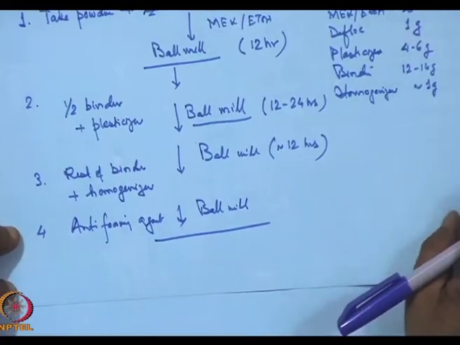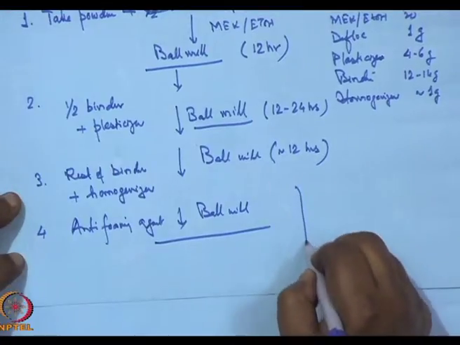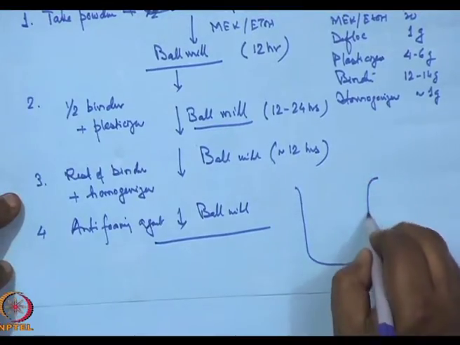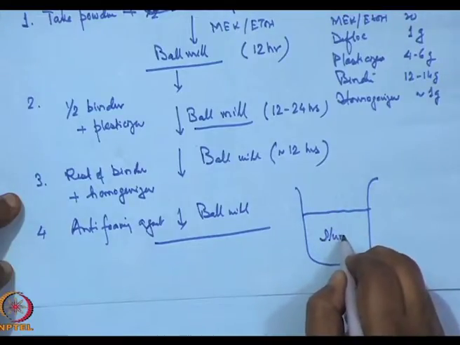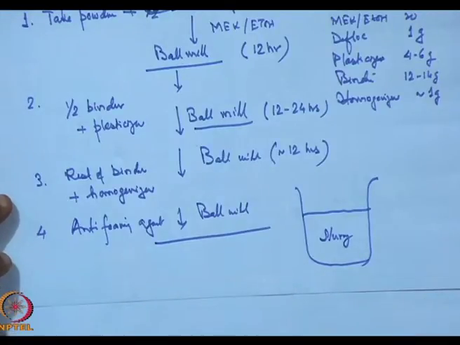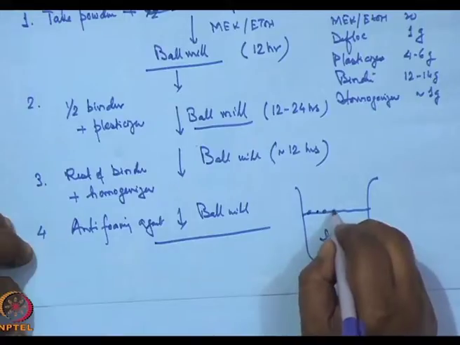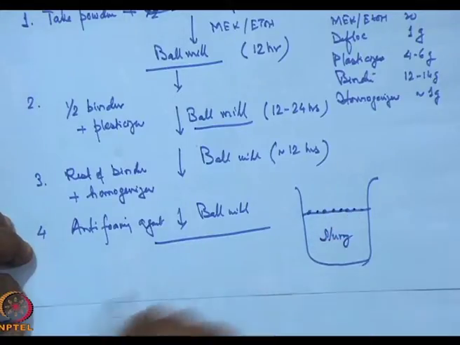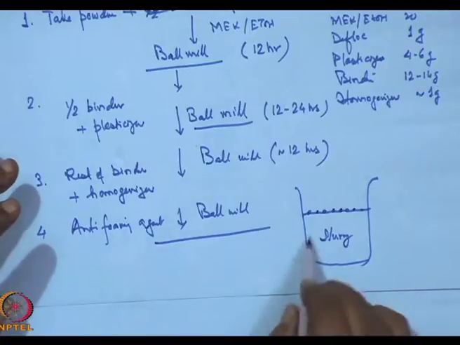At this particular point, what I would have is a very thick slurry, and in spite of adding the anti-foaming agents, because the balls were continuously rotating in the solvent, I would have foam over here. But it won't be too much inside.